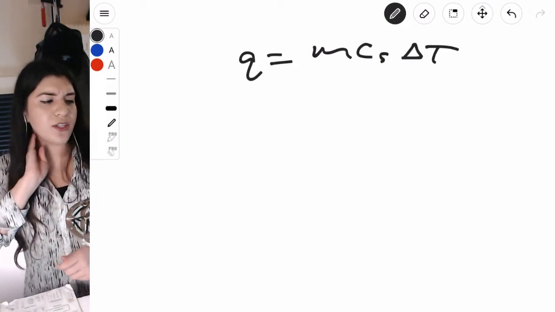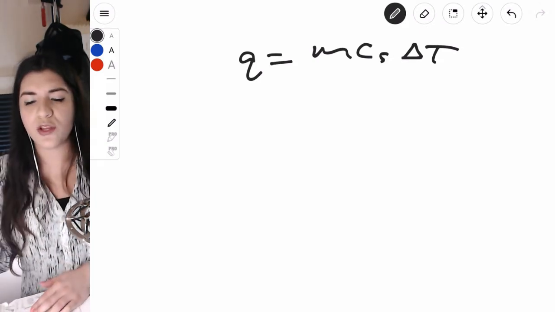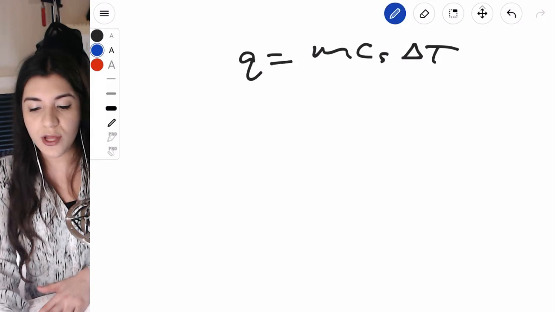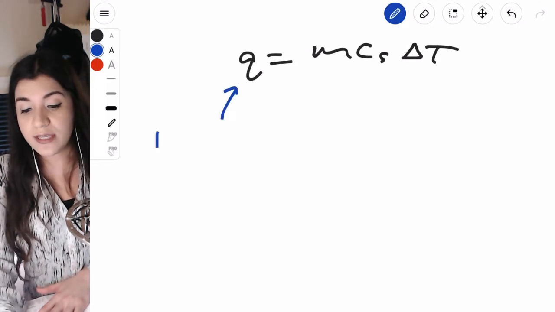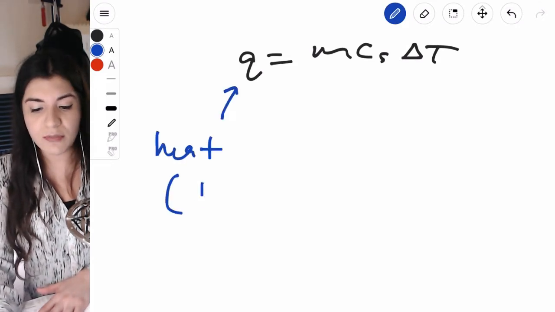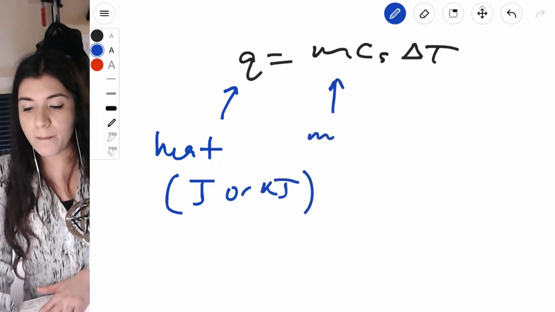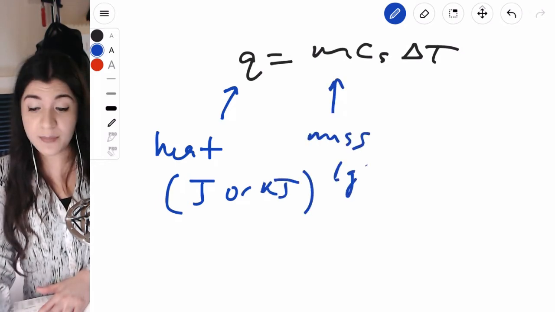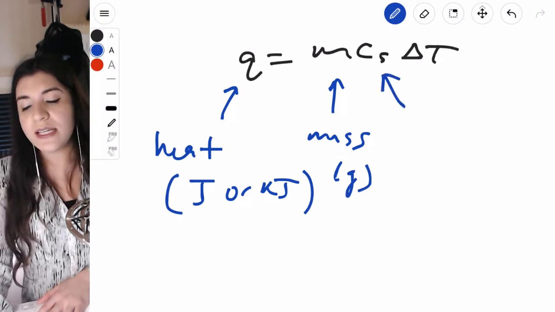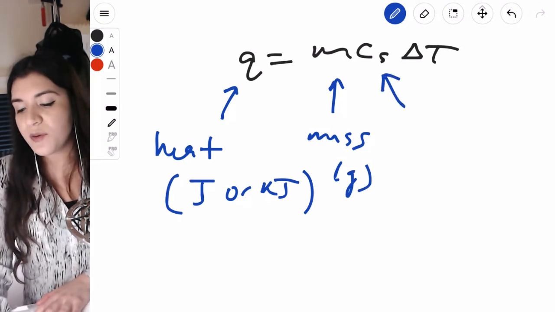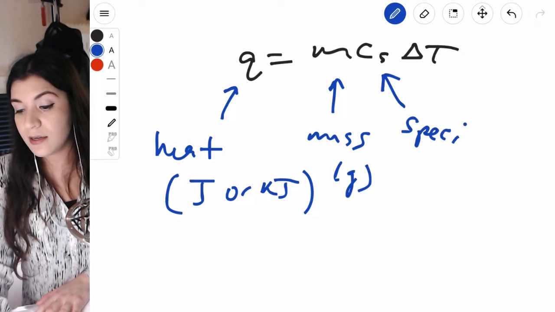Even before doing so, let me explain what every single little part of this formula means for everyone who's struggling with calorimetry. So Q is heat, and that's going to be measured in either joules or kilojoules. And then m represents our mass. That's going to be in grams. And then our Cs, or even c, that's going to be our specific heat capacity.